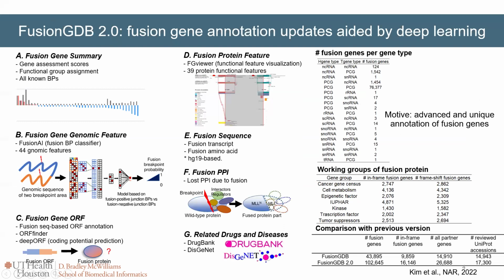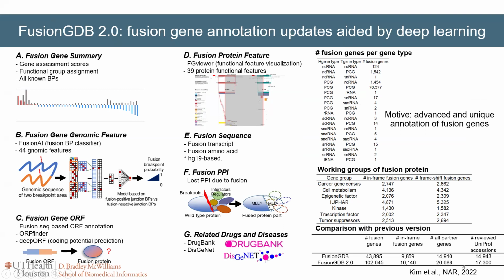In FusionGDB, if you visit, you can see diverse annotations of individual fusion genes. We provide all known fusion gene breakpoints. We also provide the genomic features around the breakpoint region from our developed fusion AI model.